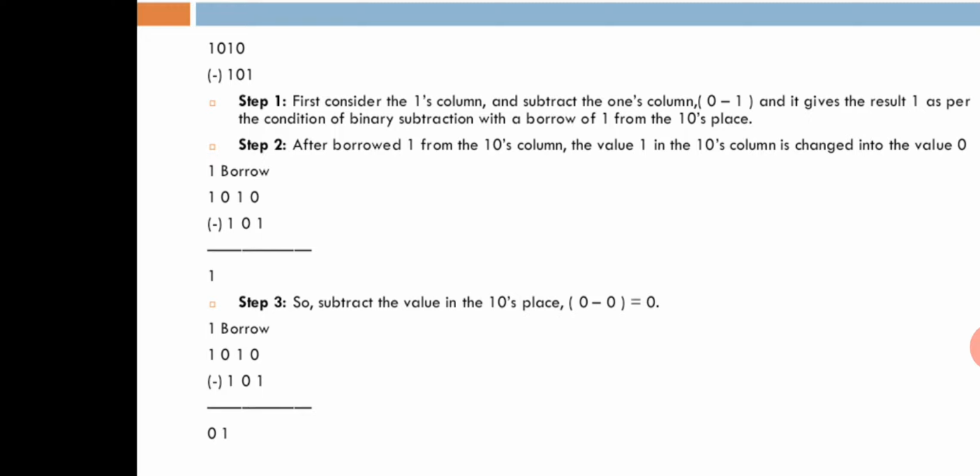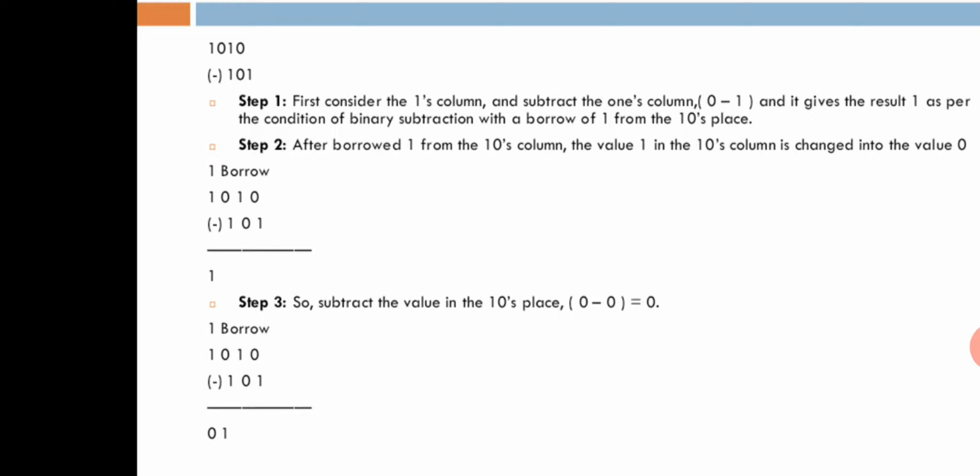Now see, you can see it is 1010 and we are subtracting 101, isn't it? 0 minus 1, what you have to do, you have to take one borrow from the left hand side, isn't it? So you are going to make your left hand side 0 and you are bringing that 1 to the right hand side. Now that becomes 2, isn't it?